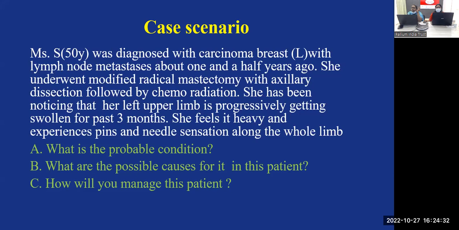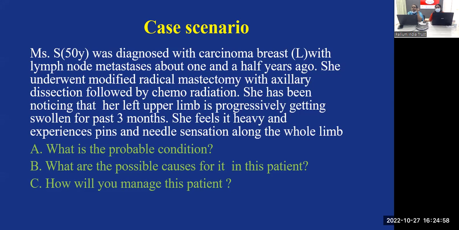Priya? Tell me one of the possible causes, from this patient's story, for this patient to develop lymphedema. The patient had a radical mastectomy, and after that followed by chemo radiation. Okay, thank you, Priya.